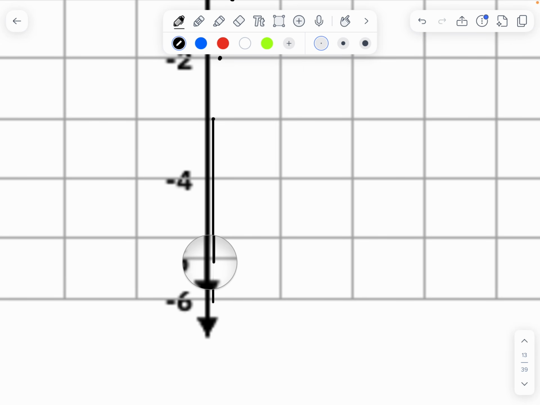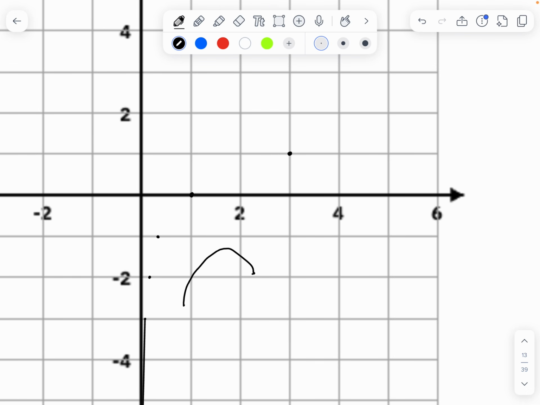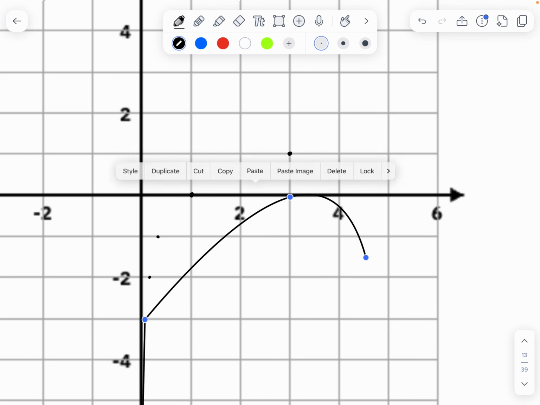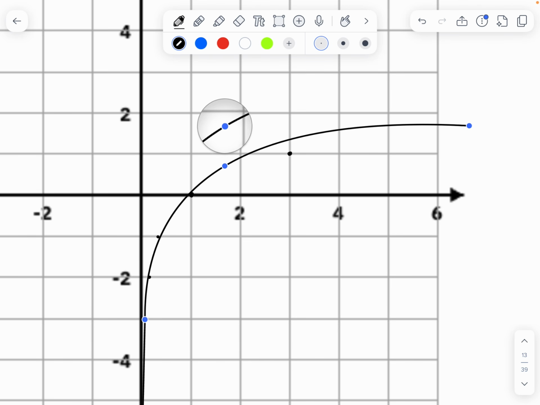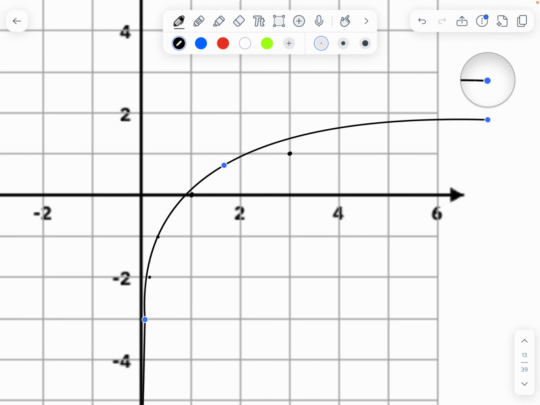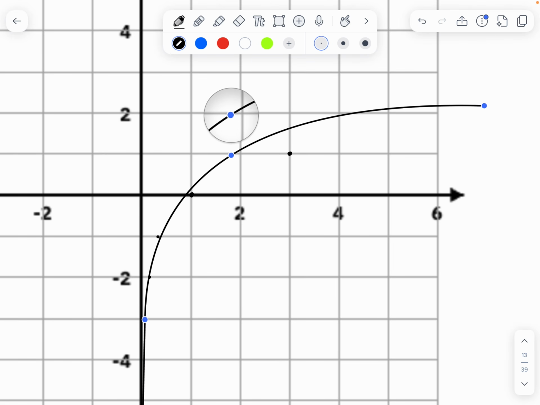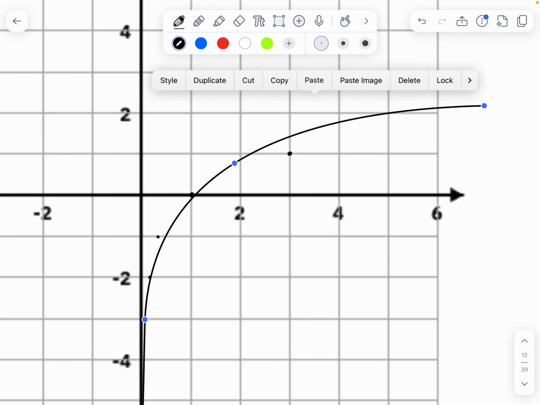Now we have to connect all the points. The curve is going to be hard.